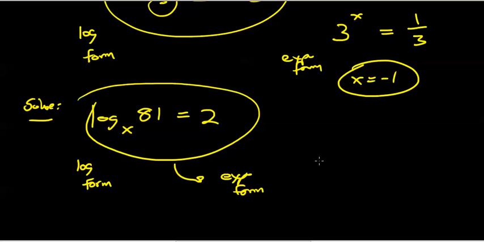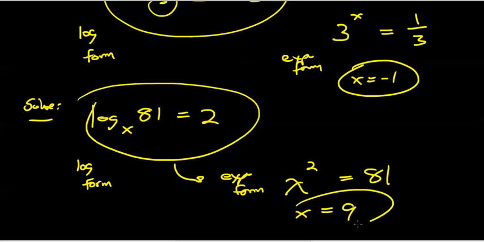Namely, 2 is the exponent we put on the base x to get 81. And if x squared equals 81, that means x equals 9 or negative 9. But again, x is a base here, and bases cannot be negative in logarithmic equations.